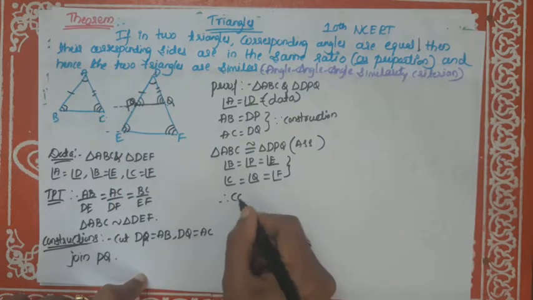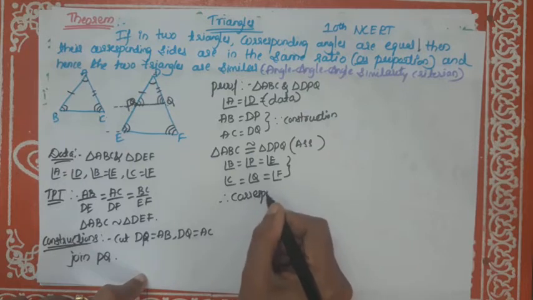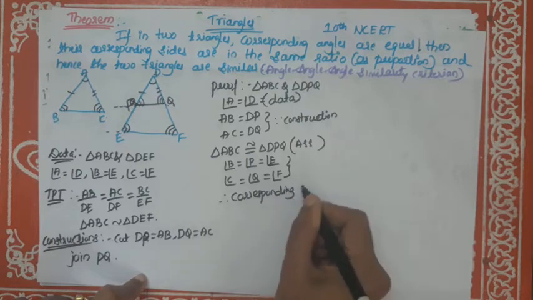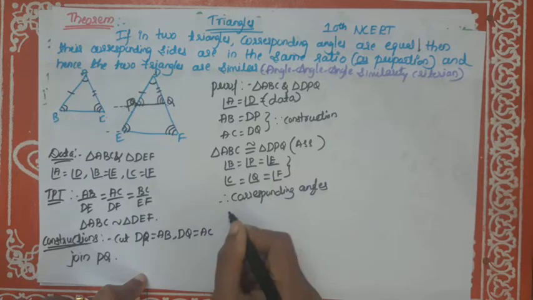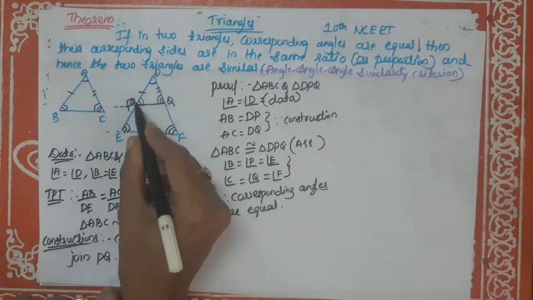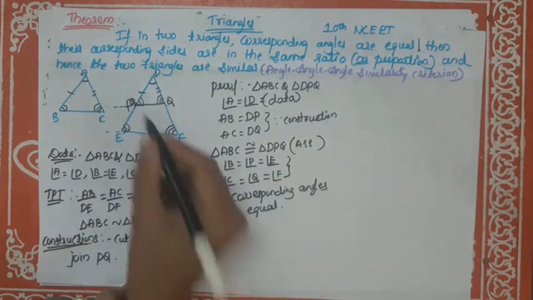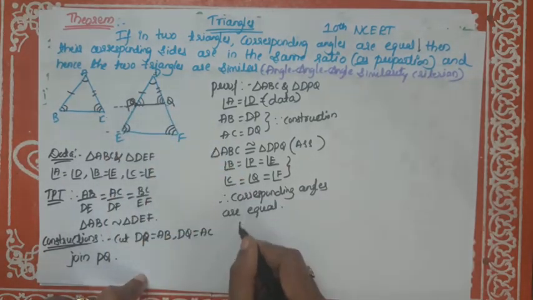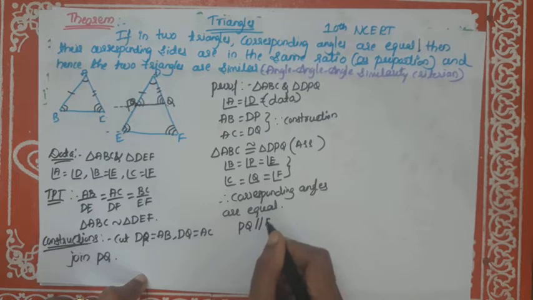Therefore, these two lines become parallel. PQ is parallel to EF.